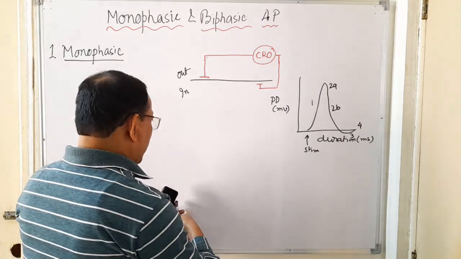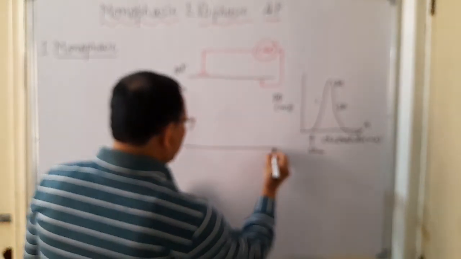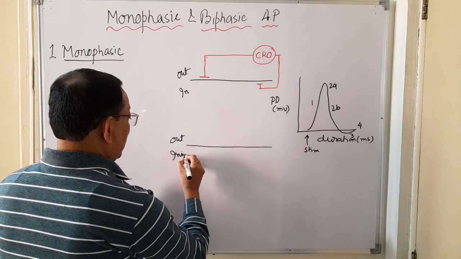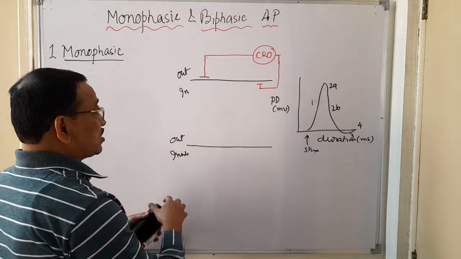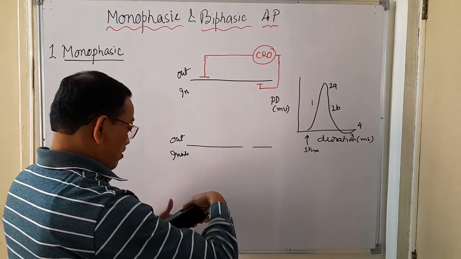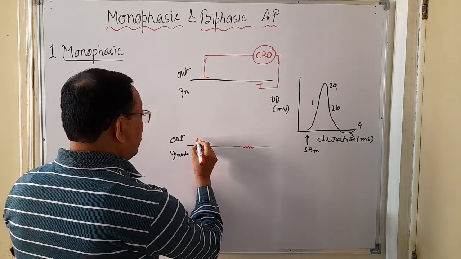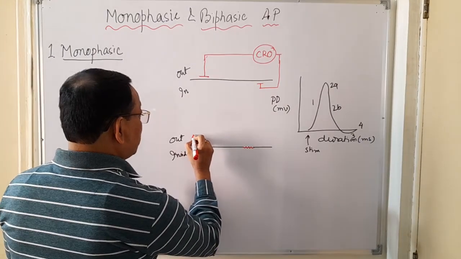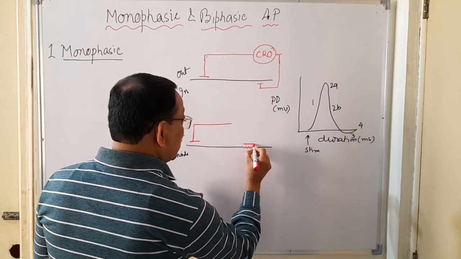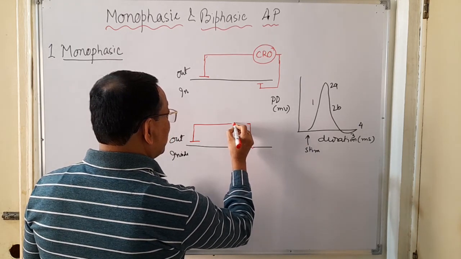Now the same type of action potential can also be obtained in another way. So this is the cell membrane, outside, inside. In this case, both the electrodes are placed on the outside. But one electrode is placed at the healthy side of the cell membrane, and the other electrode is placed at the injured side of the cell membrane.